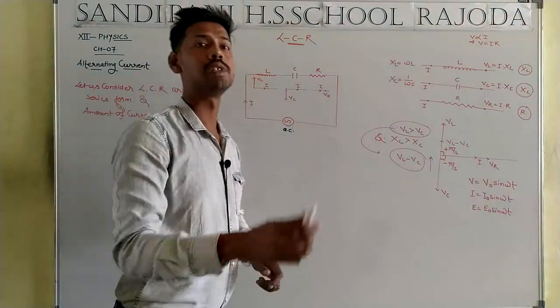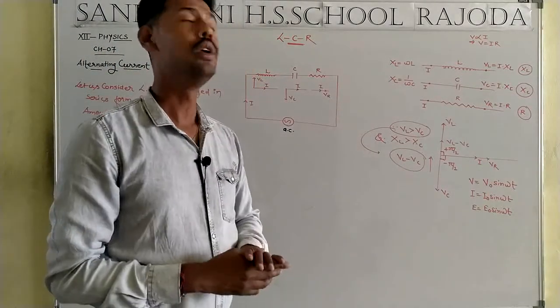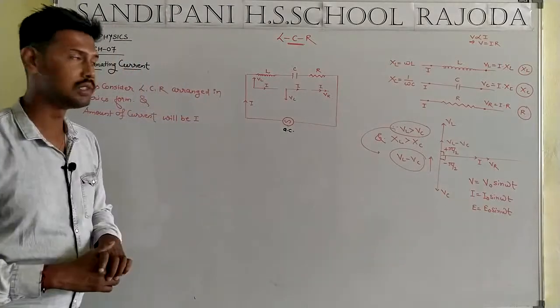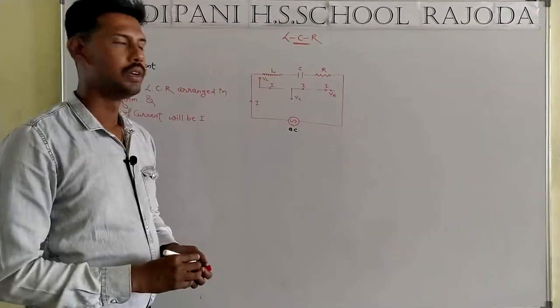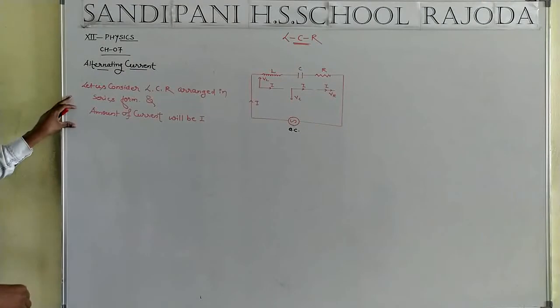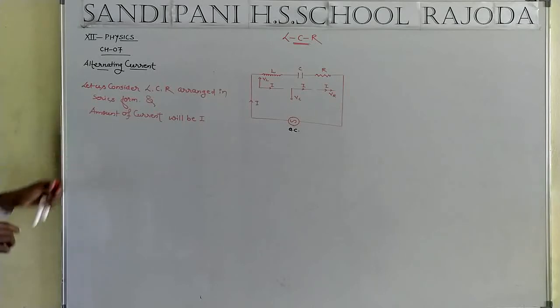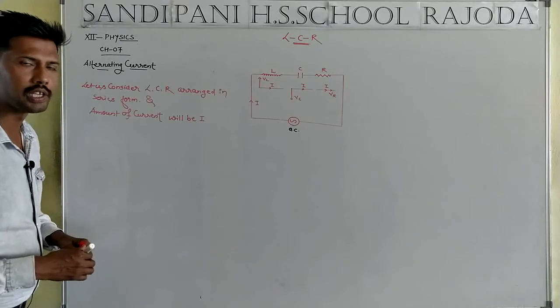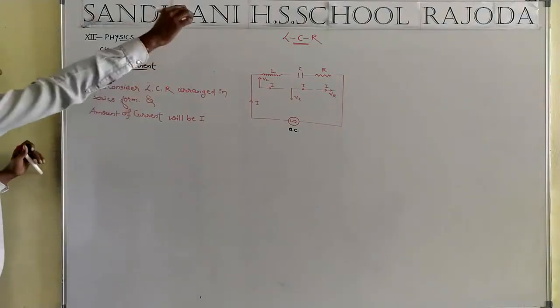Capital I, that means the amount of current. And what is the meaning of the L? L, that means the inductor. C, that means the capacitor. Simple explanation related to diagram. First one, capital L, capital C, capital R arranged in a series form, and the amount of current will be equal of capital I. Now time to define the mathematical expression, that means a derivation.